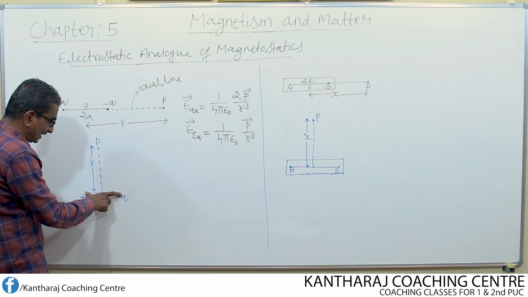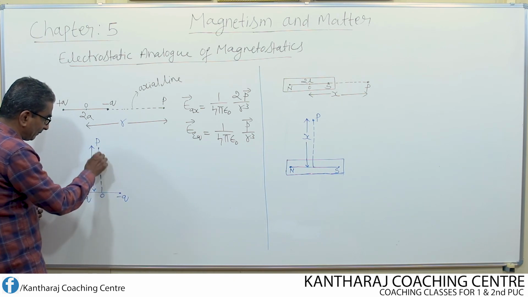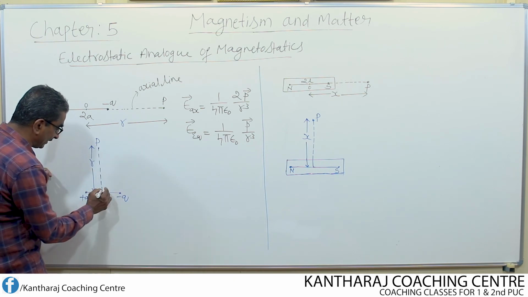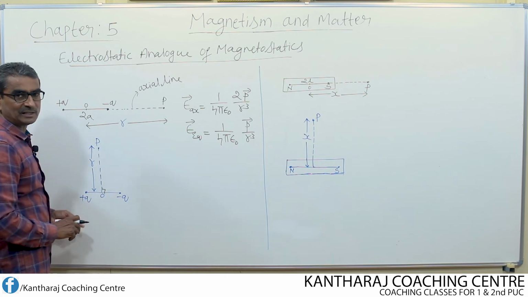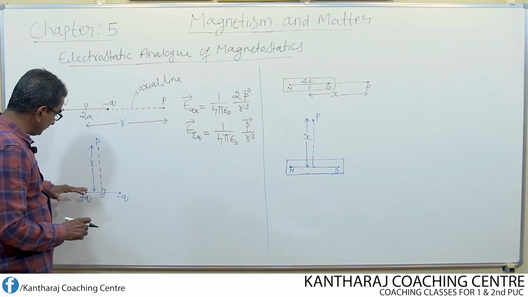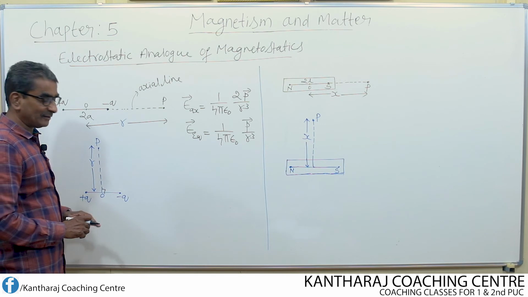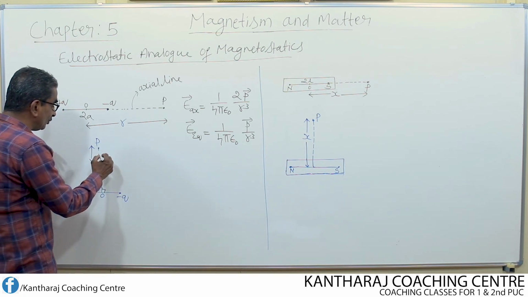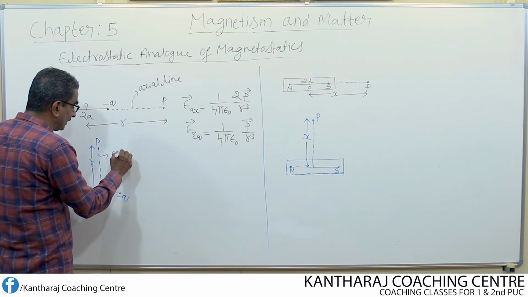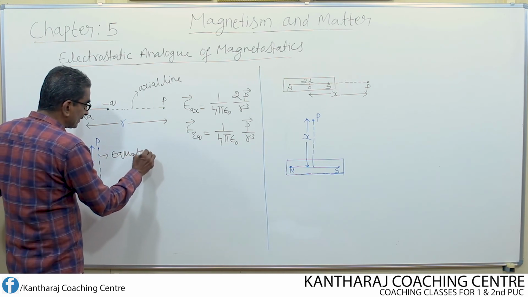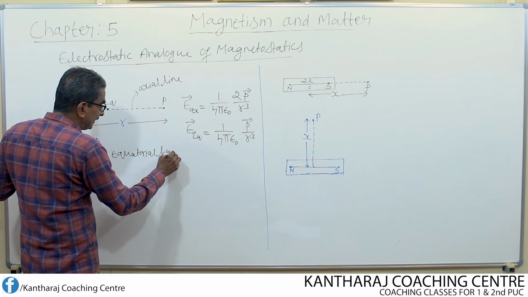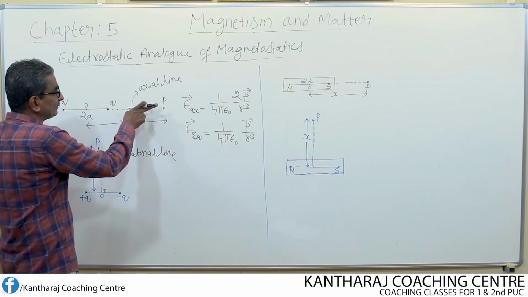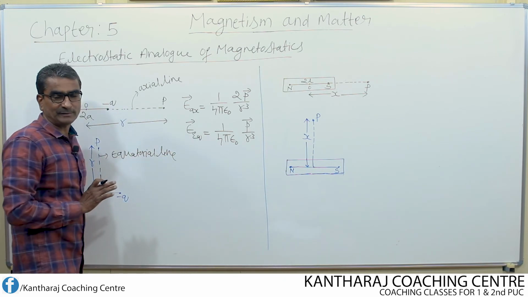Why do I call this perpendicular? Because the angle made by this line with the axial line is 90 degree. So this line is known as equatorial line of the electric dipole, and this is known as axial line of the electric dipole.